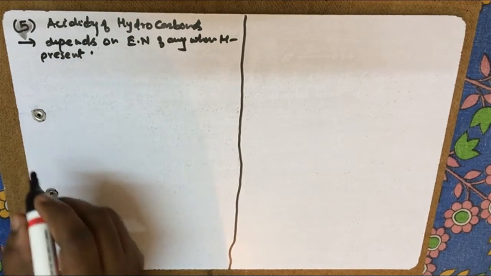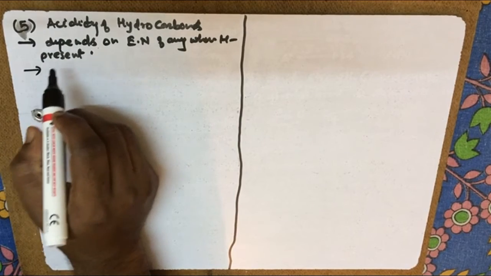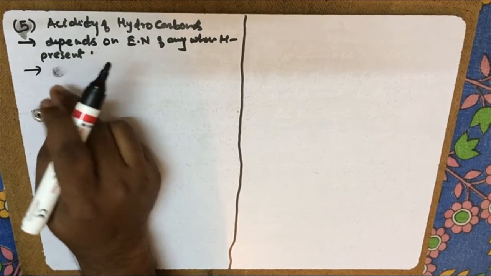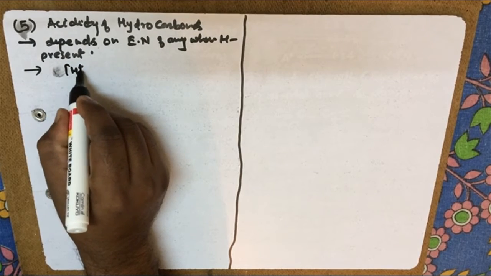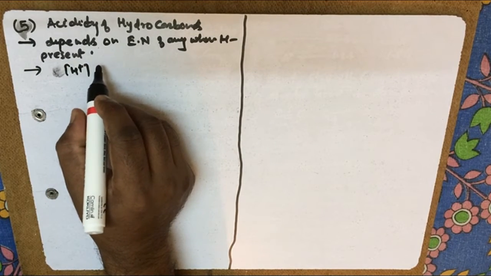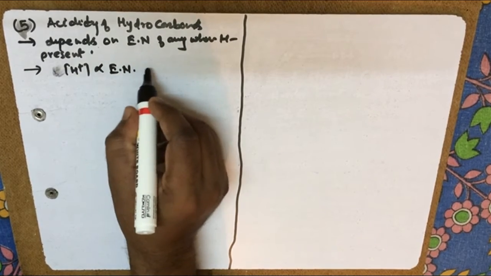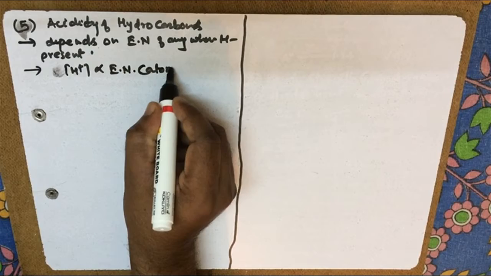so basically acidity is H plus proportional to the electronegativity of that atom.